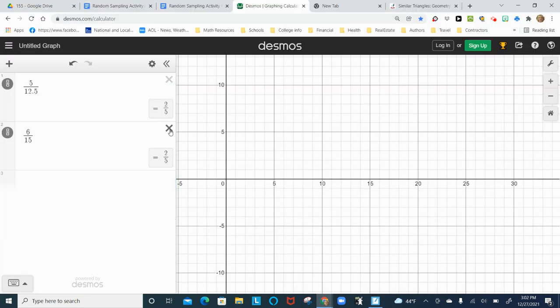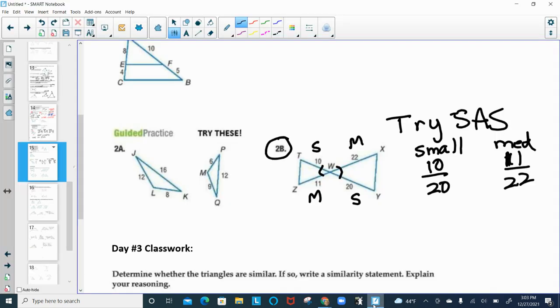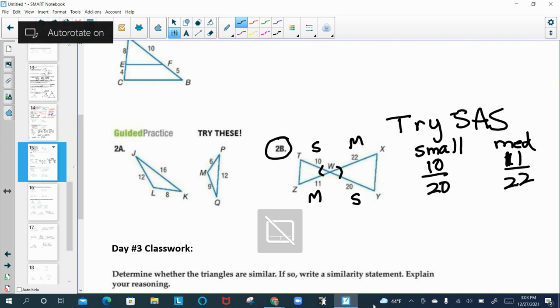Most of you guys can see that those are going to reduce to 1/2. But if you can't, it's easy enough to just type them in and see that they come out to 1/2. So they are proportional. And we do have similar triangles.